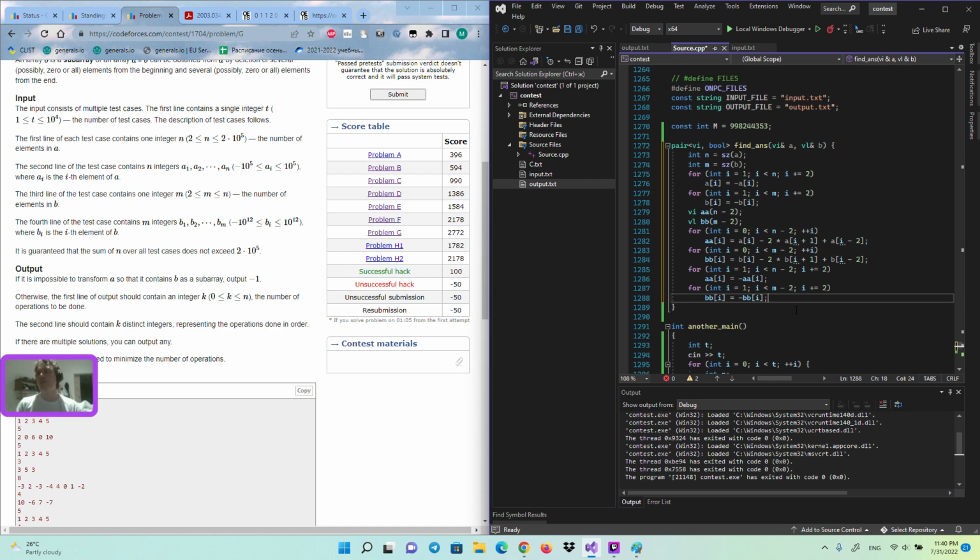And now we check whether we can add 1 to some of the elements so that there is a subsegment like B or minus B. How can we check it?